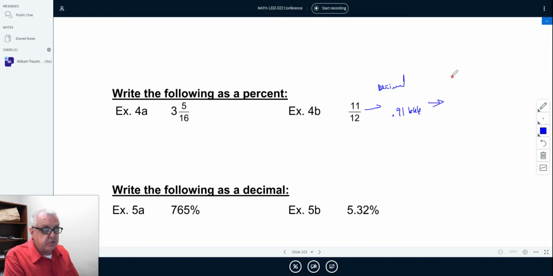And then I have to change it to a percent. Changing it to a percent, you just move the decimal two places to the right. So this is 91, if I round it to one decimal place, it ends up being 91.7%.